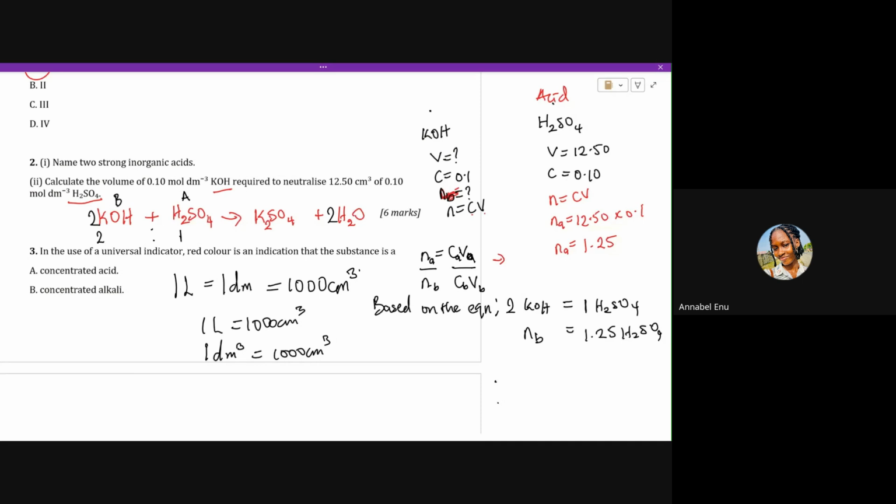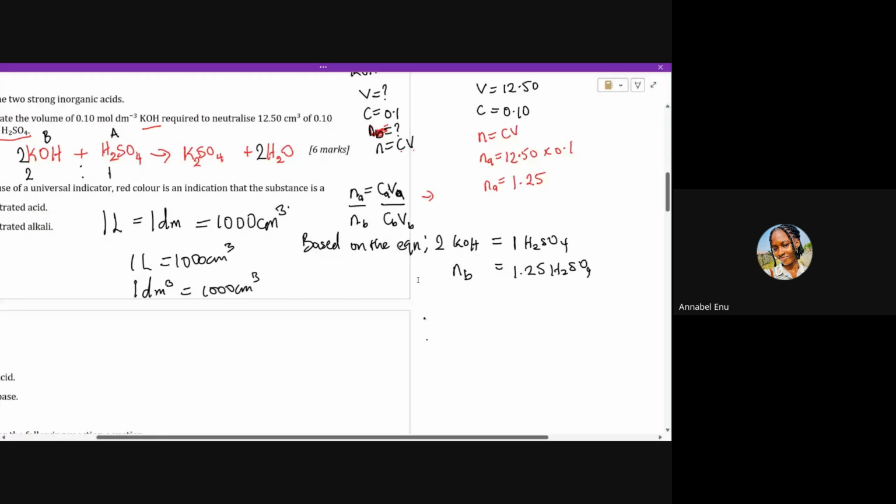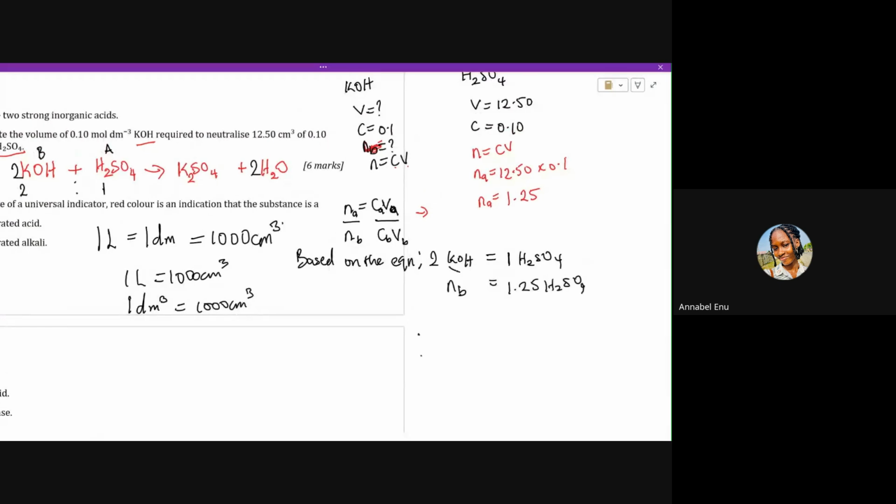Okay, but if we cross multiply, this is what we will get. That is the initiation of maths in chemistry. We would now say these 2 will multiply this, and these will multiply this. And so we now have 2 times 1.25 equals NB, the unknown, times 1, which is the same thing as the unknown.